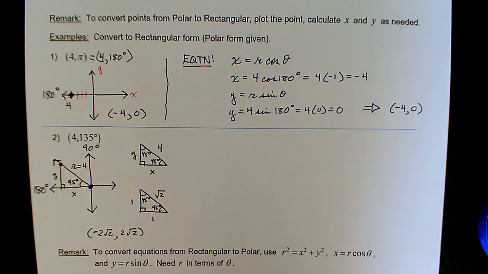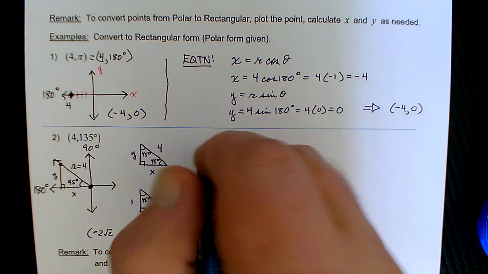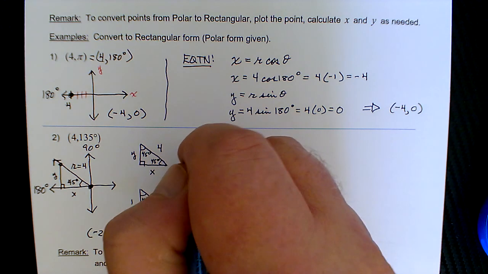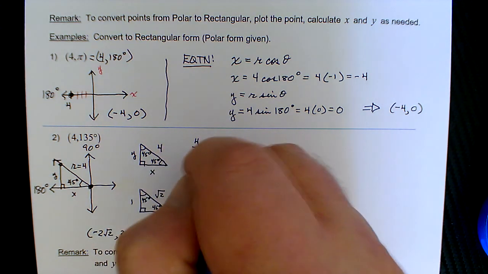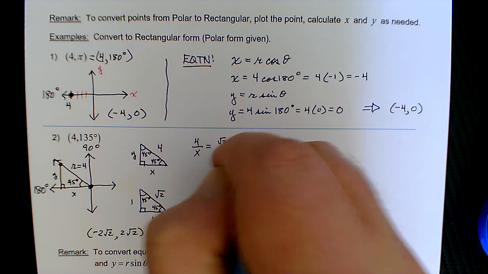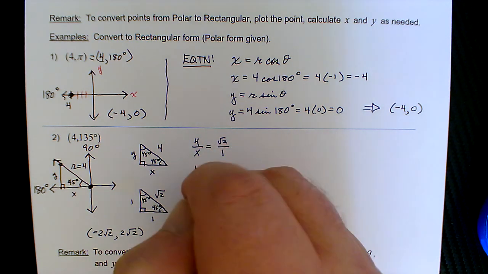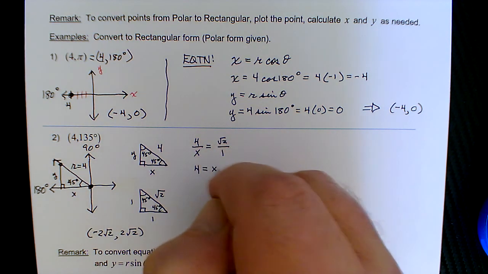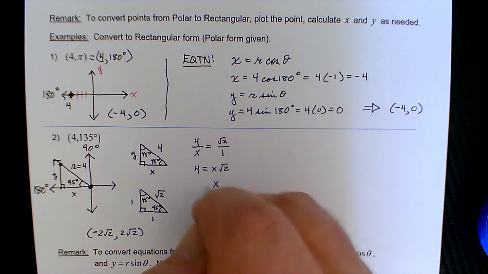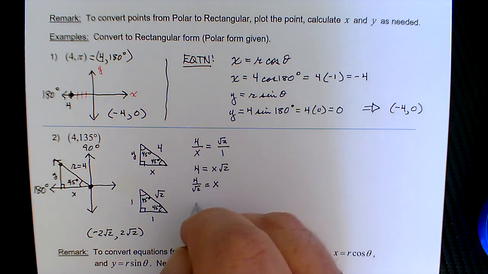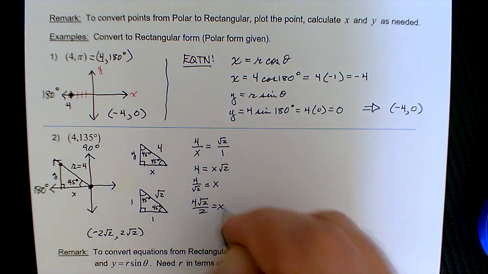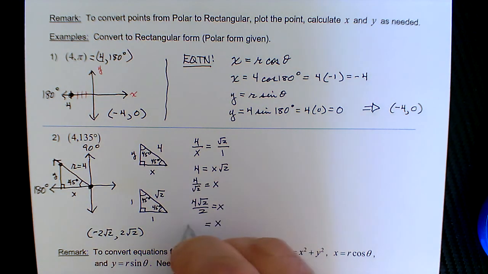But to do it by similar triangles, set a proportion. Let's say 4 is to x as radical 2 is to 1. So 4 would be x radical 2. x would be 4 over radical 2. Rationalize, you get 4 radical 2 over 2, so x is negative 2 radical 2.